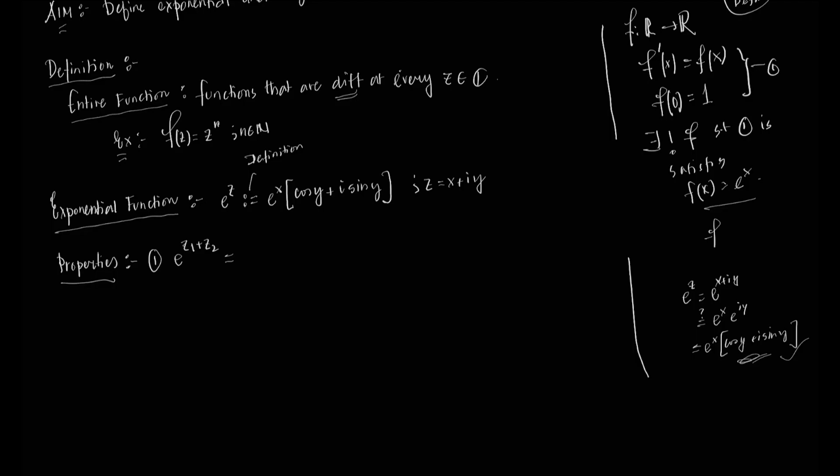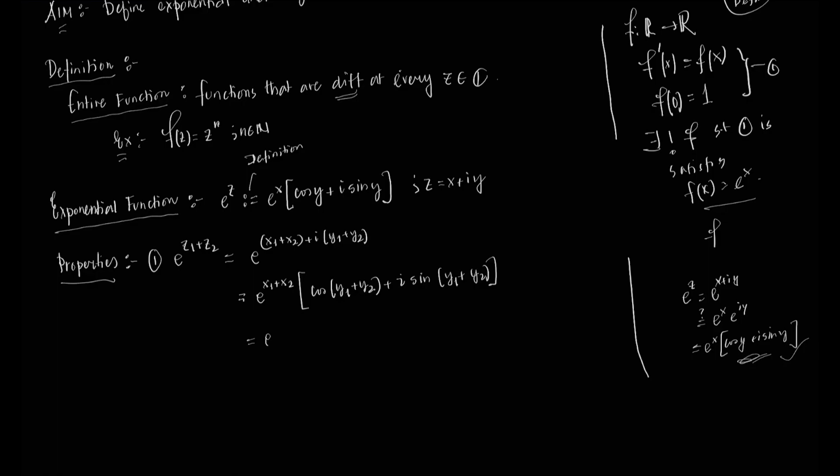e^(z1 + z2) is nothing but e^((x1 + x2) + i(y1 + y2)). And then you can break it up. It becomes e^(x1 + x2) times (cos(y1 + y2) + i sin(y1 + y2)).